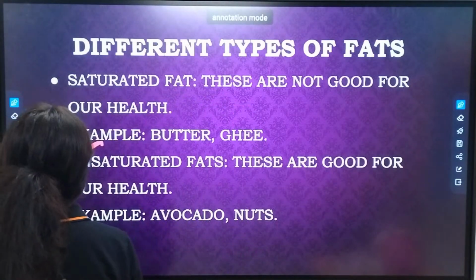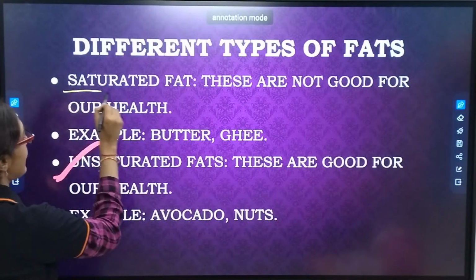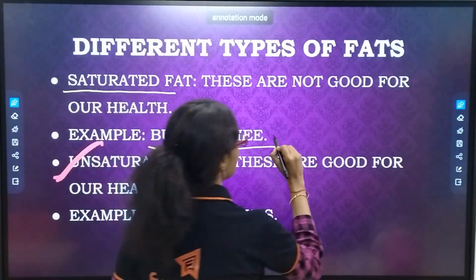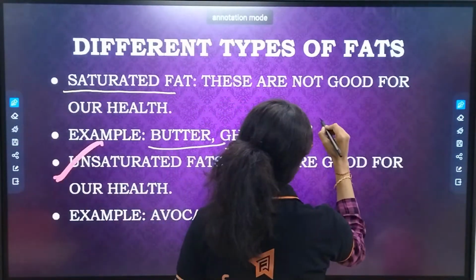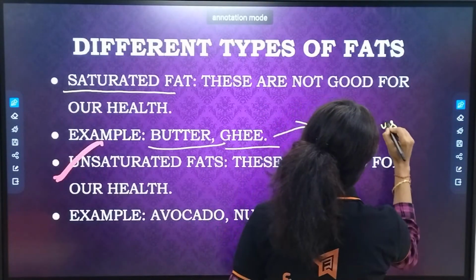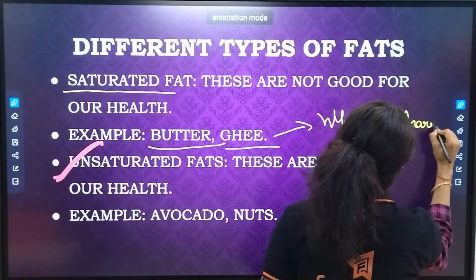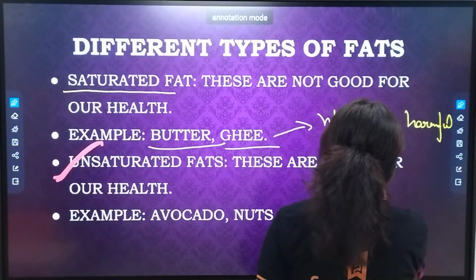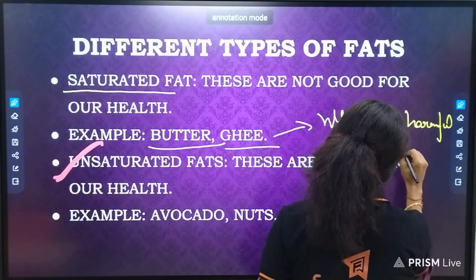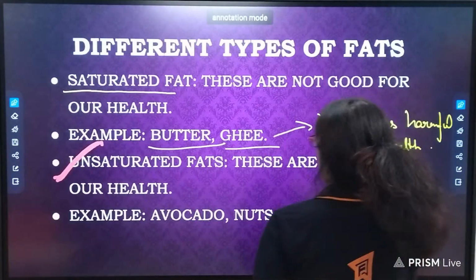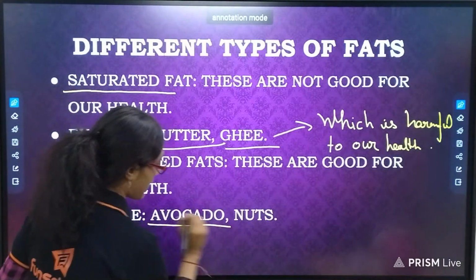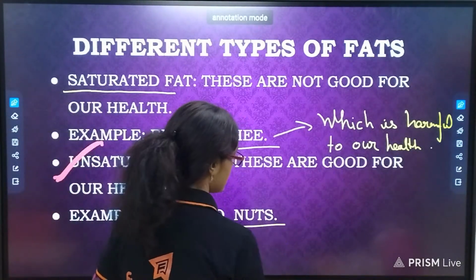Now let us know what are the bad fat. Saturated fat is butter, ghee, which you will not eat, which is harmful to our health. An unsaturated fat example is avocado, nuts.